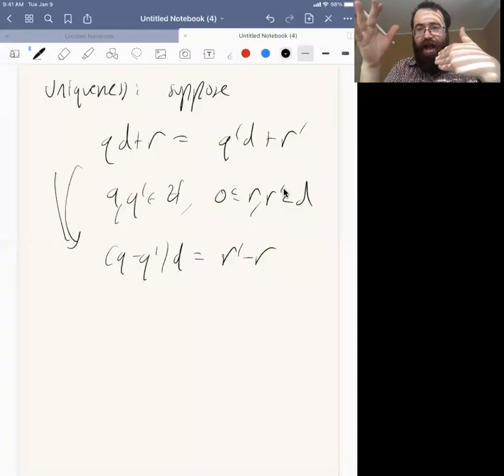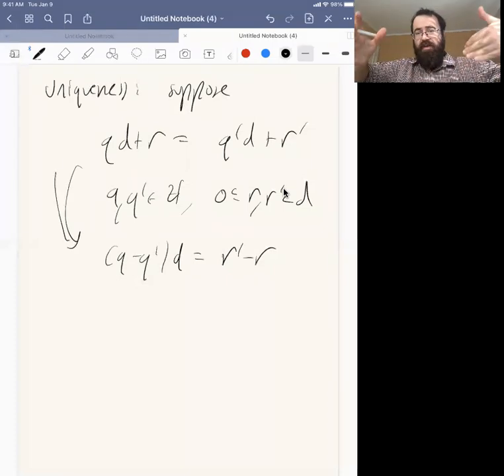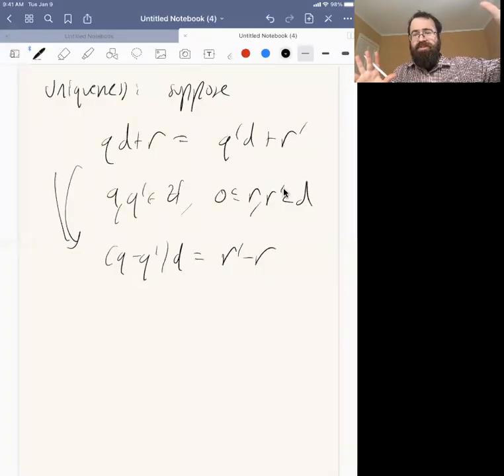So, how big or how small can it be? It can't be bigger than D, right? Because if I have one extreme, I would have D minus 0. And it can't be less than minus D, right? I could have 0 minus D. Those are the two extremes, right?